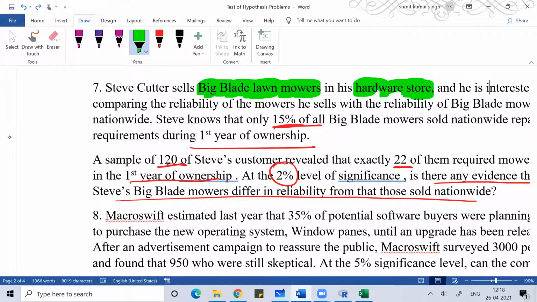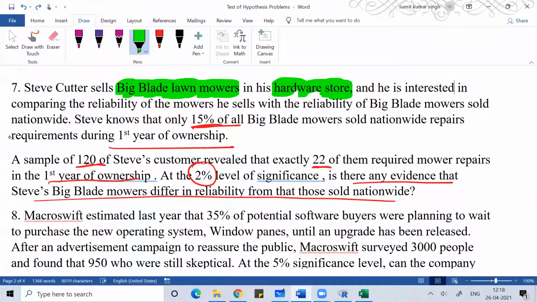So he is checking how much percentage of his mowers require repair during the first year of ownership, and comparing that value with the percentage of mowers sold nationwide that require repair during the first year of ownership.